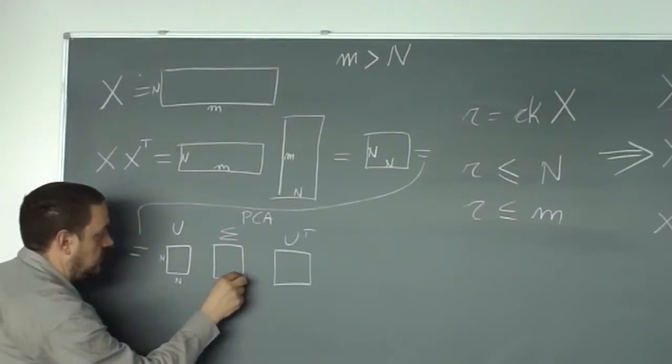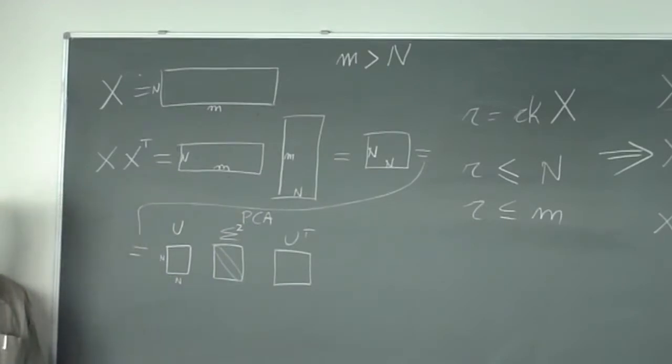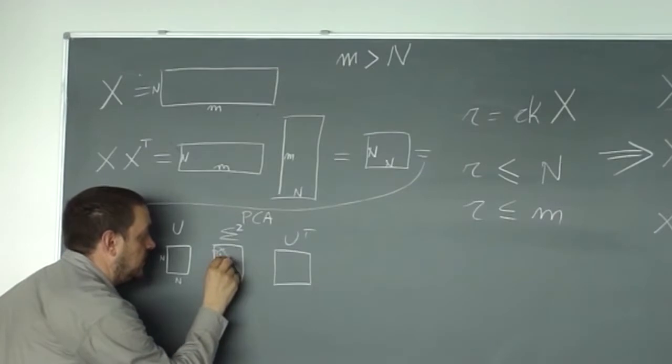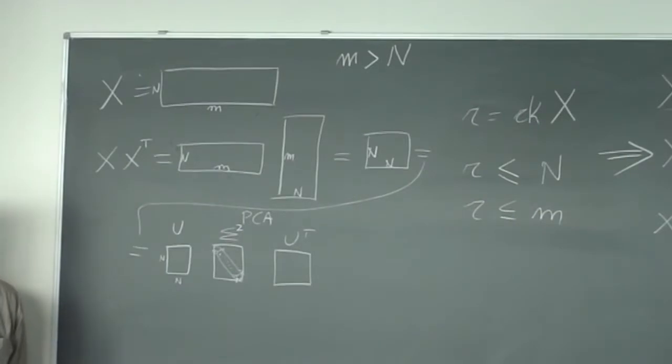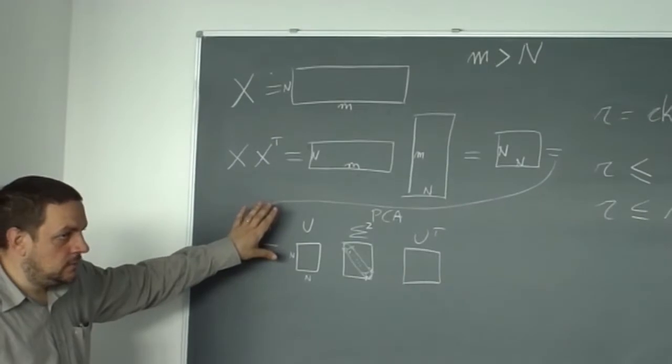And here, of course, I decided to call this sigma square this time. So here you have the values sigma 1 squared down to sigma n squared. Is that fine to here?